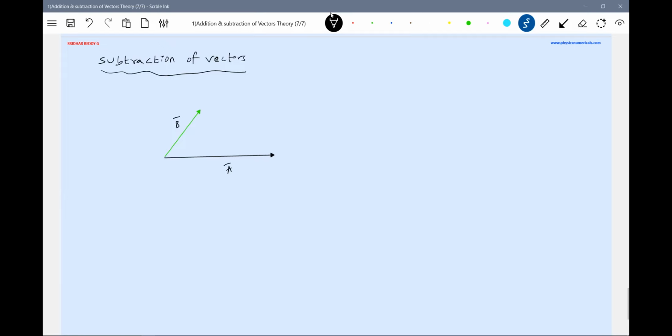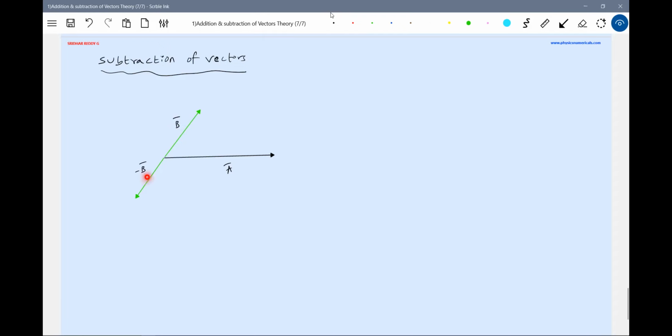So shall we bring the negative of a vector concept? So here minus b bar will be produced back, the same b bar only. It will become now a negative vector. There's a negative of this b bar vector. So minus b bar is there.